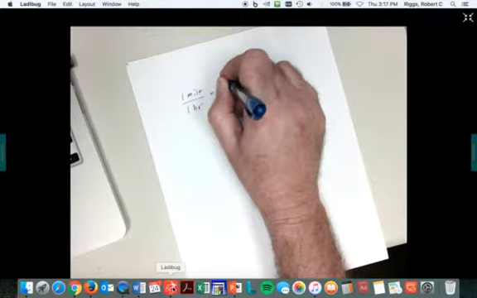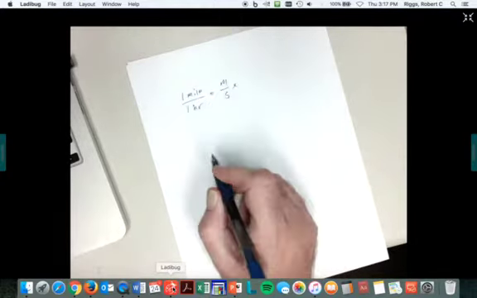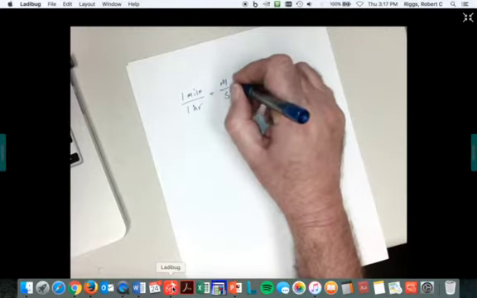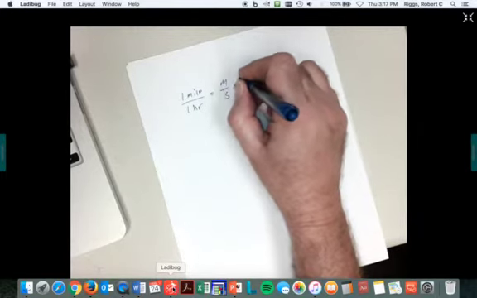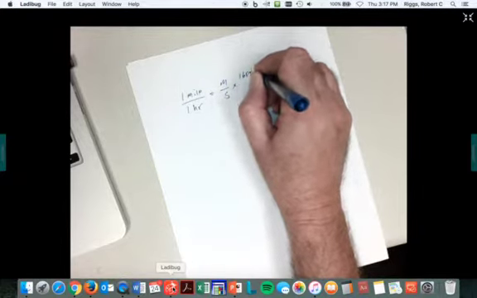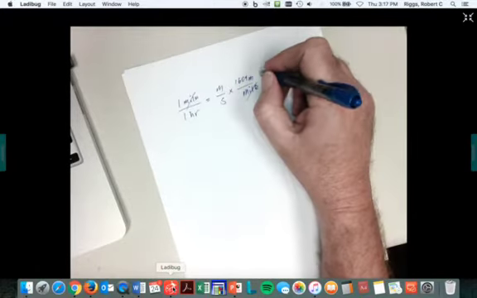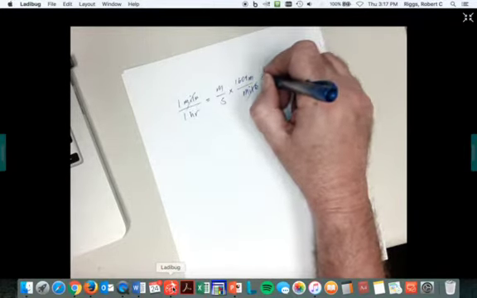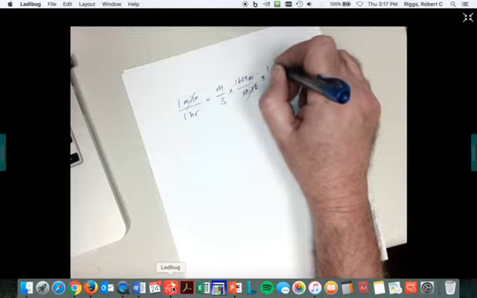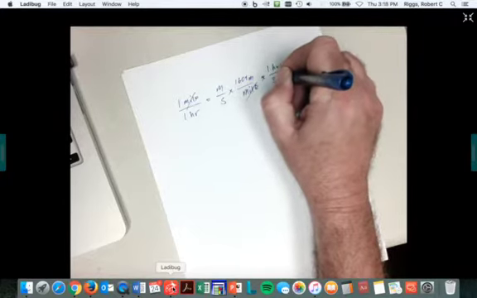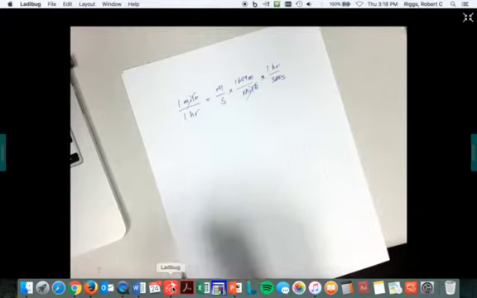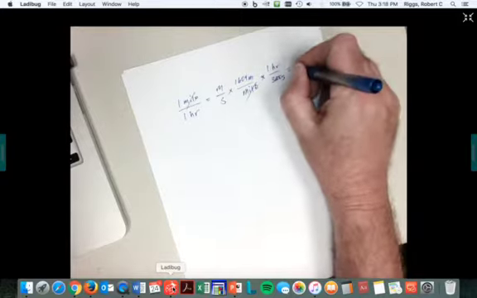I've got to get meters up here, so I multiply by 1,609 meters per mile. That takes care of the mile part. Then times, in 1 hour there are 3,600 seconds. Multiplying all this out, I get 1,609 divided by 3,600, and that's 0.447.